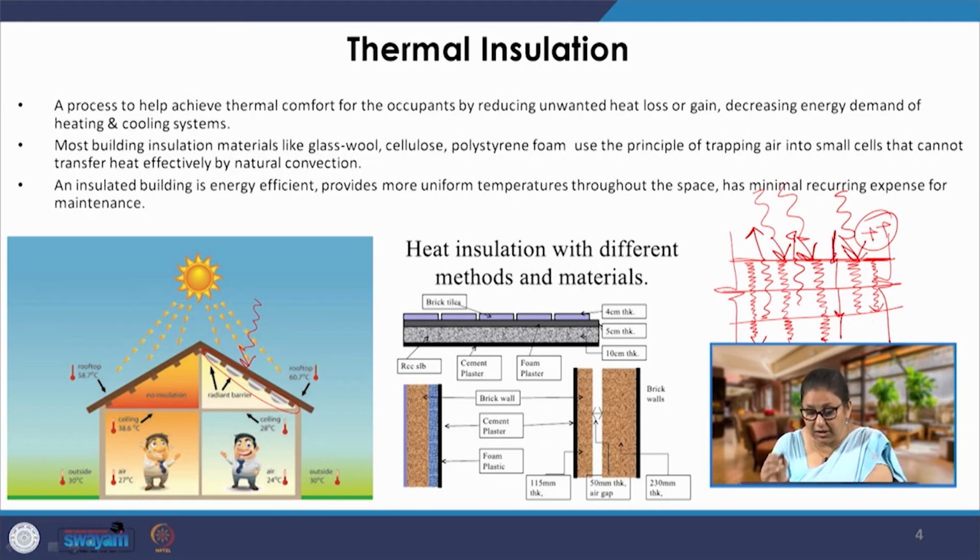Now, imagine if we have an insulation layer here. We add a barrier. Once we have added this barrier, when the heat is trying to escape from this side, there is a barrier of a low conductivity material, and it will stop it from going to this side. So, this heat will ultimately have to escape to the outside.